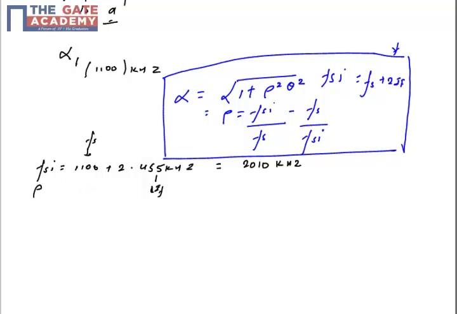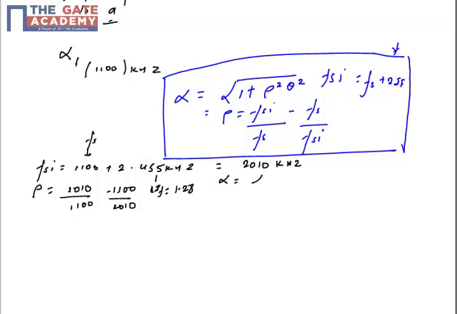Now when you calculate rho, it is 2010 by 1100 minus 1100 by 2010, which comes out to be 1.28. What is alpha then?